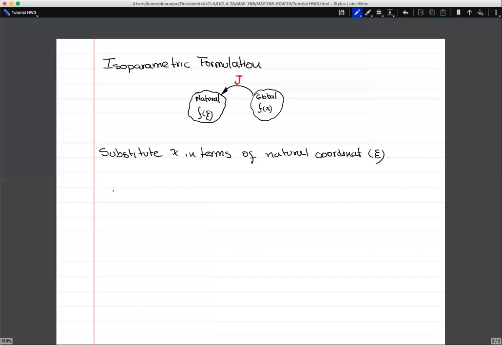So it means that if we take the shape functions in the natural coordinates, which is a function of psi, and the shape functions are defined in the natural coordinates as this.